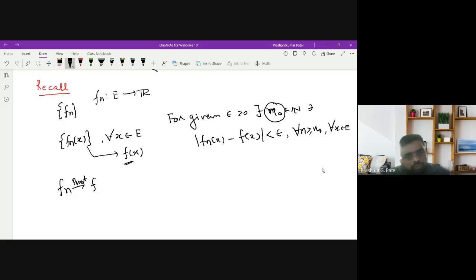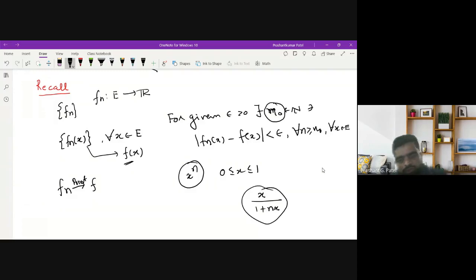In the example x^n on the closed interval 0 to 1, n0 depends on x as well as epsilon. But in examples like 1/(n+x), n0 does not depend on x, it only depends on epsilon.